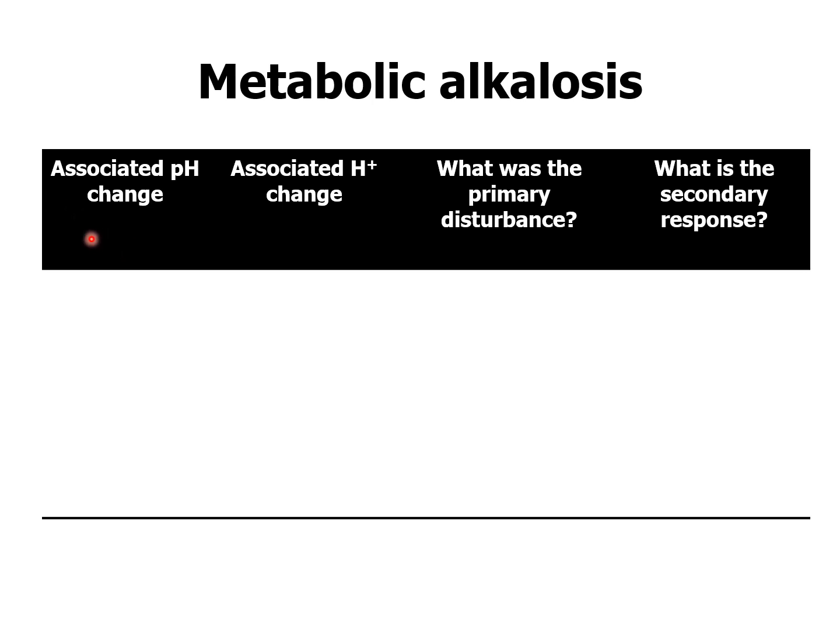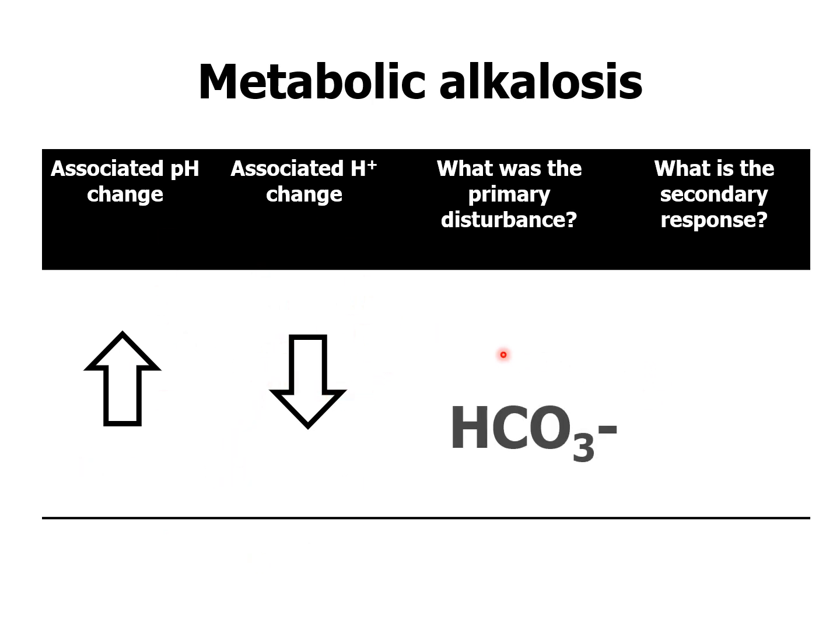In metabolic alkalosis, there is an increase in the pH towards the basic side. For the hydrogen ion change, of course, there's a decrease in the hydrogen ion concentration. The primary disturbance is on the kidney, so there is an increase in the base, the bicarbonate. The compensation requires the kidneys to excrete the base bicarbonate and retain the acid hydrogen ion or proton.